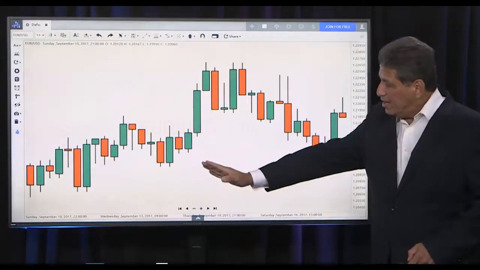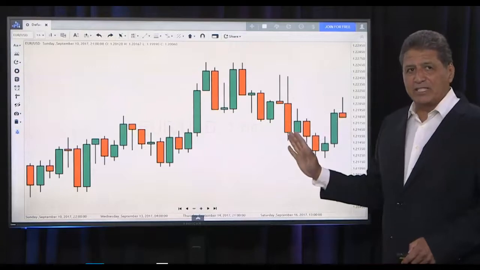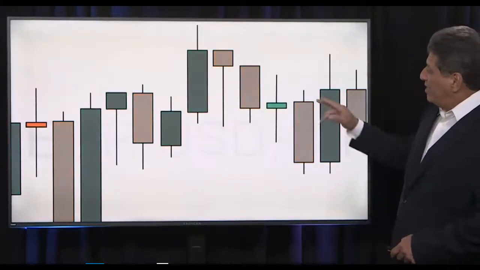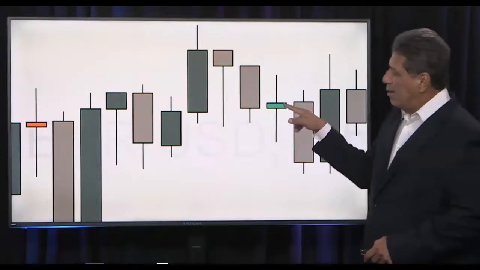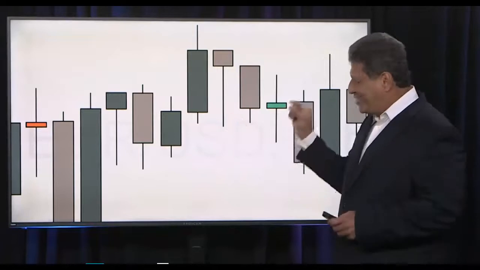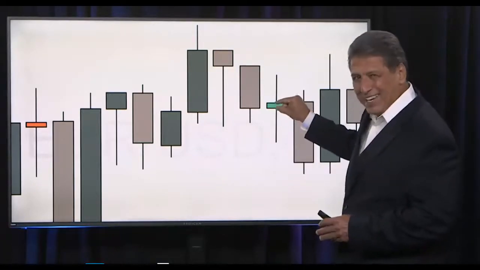Now, once again, you see a chart with many types of candlestick formations, and now we're going to be talking about the doji star. These are called spinning tops, doji stars. I call them spinning top doji stars because they have a little body.